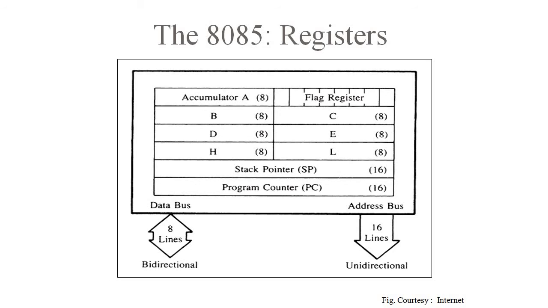Now you can see the 8085 registers. So basically these are the registers. Now we have seen accumulator and flag register. Accumulator means, again I repeat, it is an 8-bit special purpose register that is a part of ALU, and that is also identified as register A. So in arithmetic and logical operations, the accumulator may be used to store the operand, execute an instruction with the help of other registers.